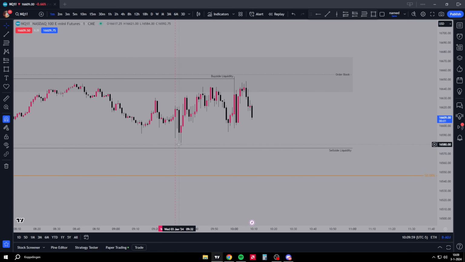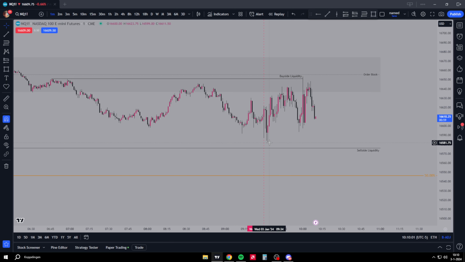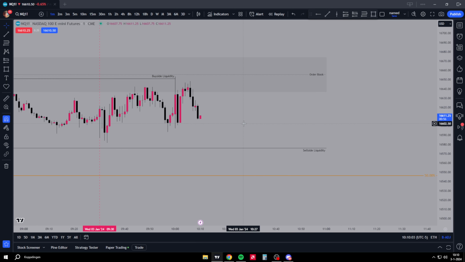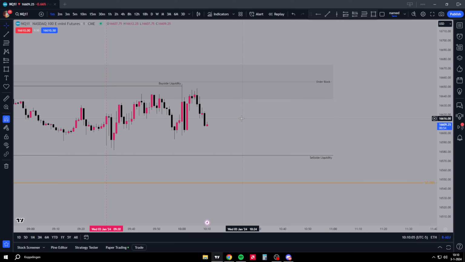Yeah, I would favor us to go to the sell side here, and here, and here. This would be our order block as well.